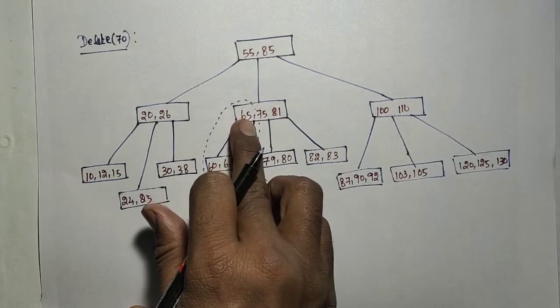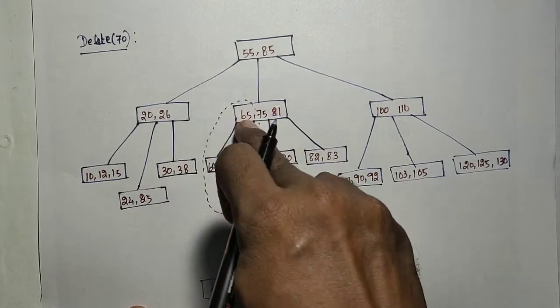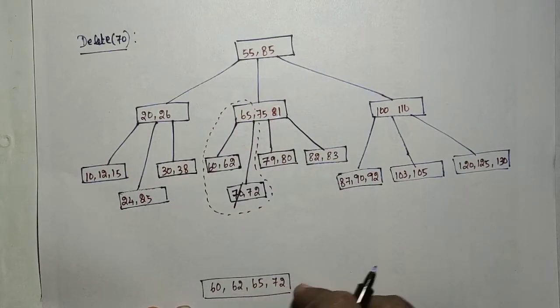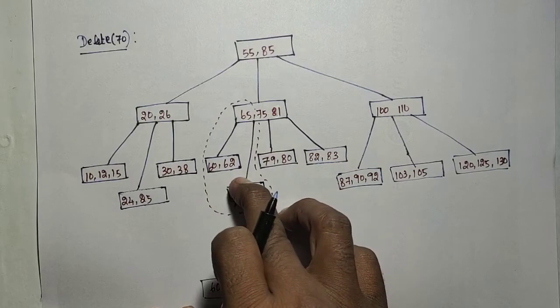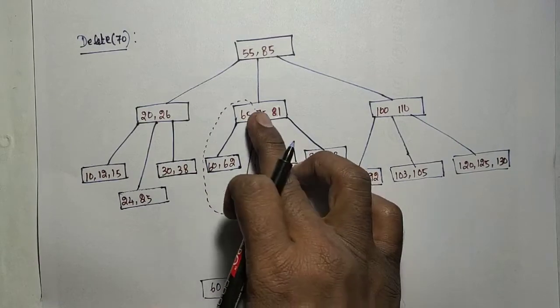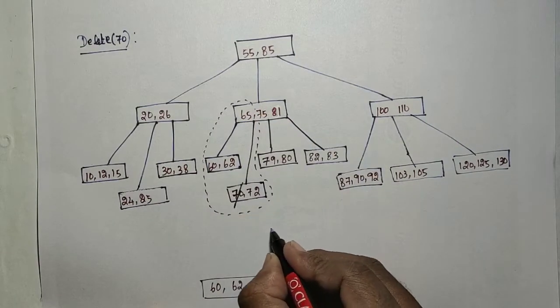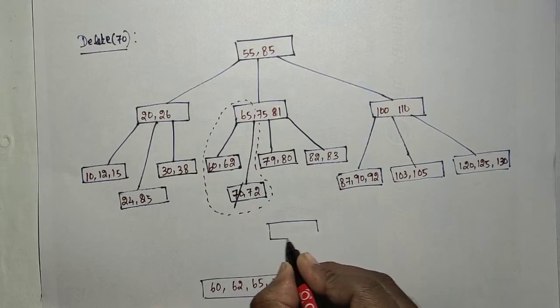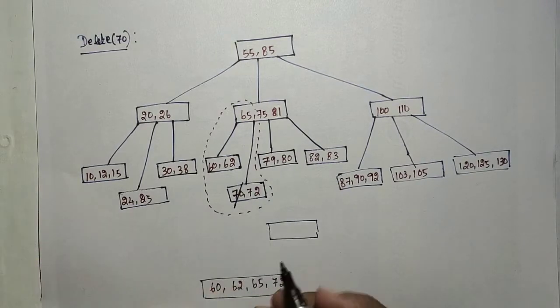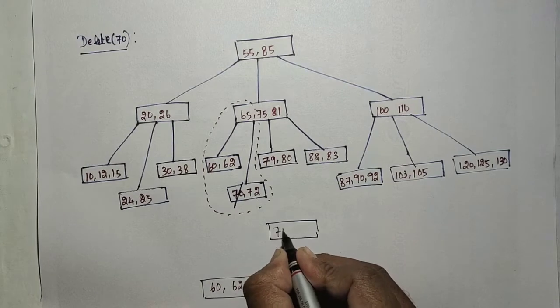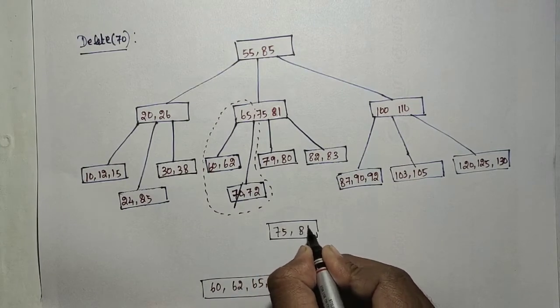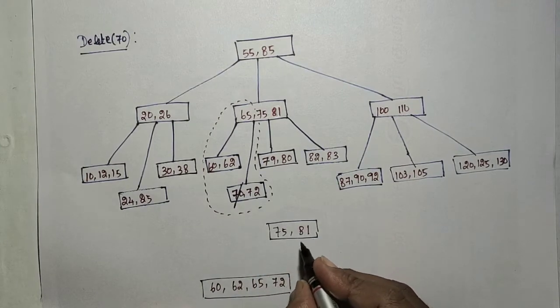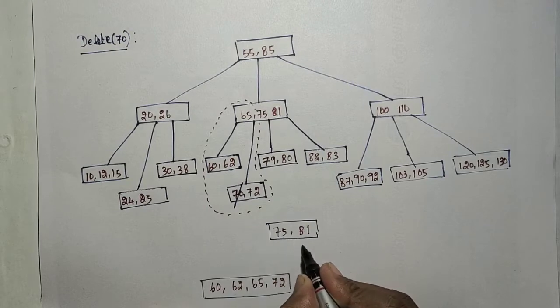Okay, now that 65 comes down, it is moved and merged with its children. So in that parent node it is having only the 75 and 81, correct? 75 and 81. Now there is no change in the left and right of the 75.